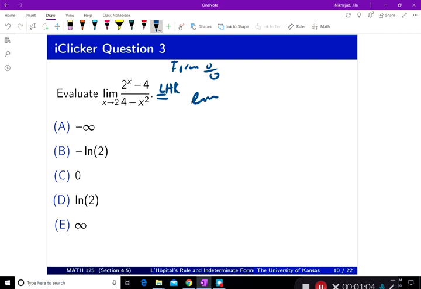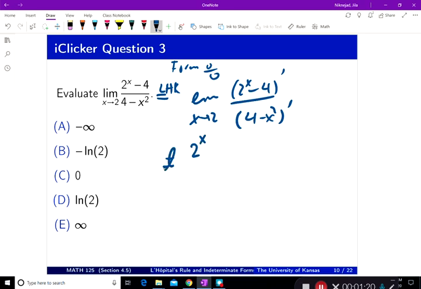Then I take the limit as x approaches 2 of (2 to the power x minus 4)' over (4 minus x squared)'. That will give me the limit as x approaches 2 of 2 to the power x natural log of 2 minus 0, divided by negative 2x.